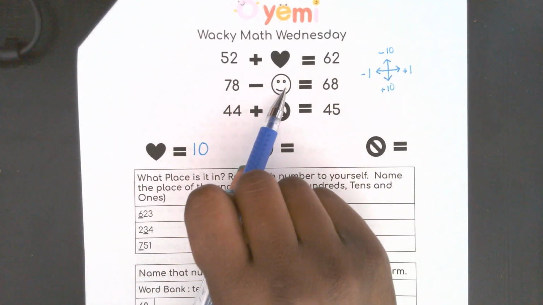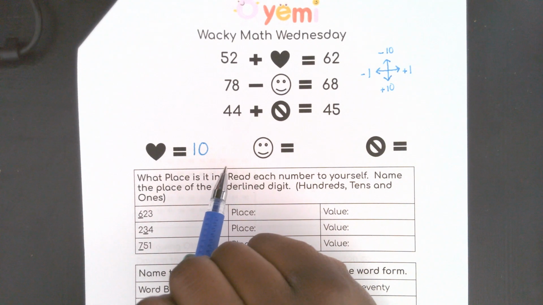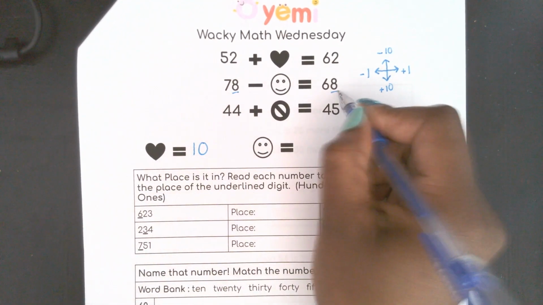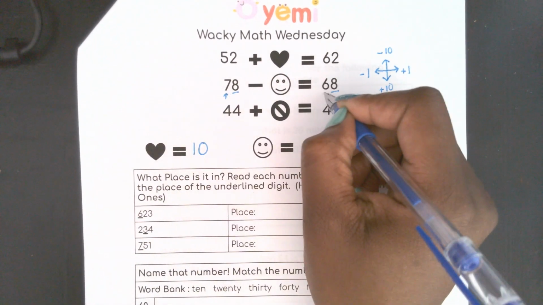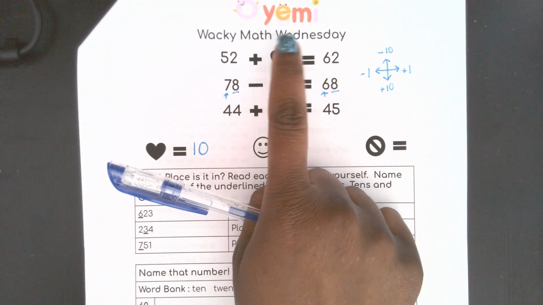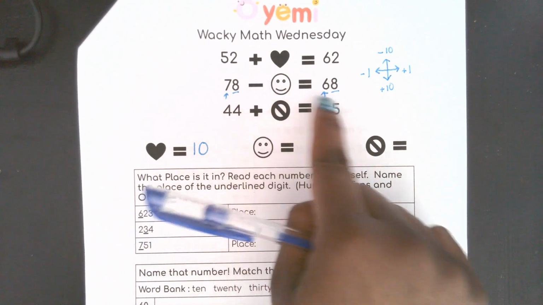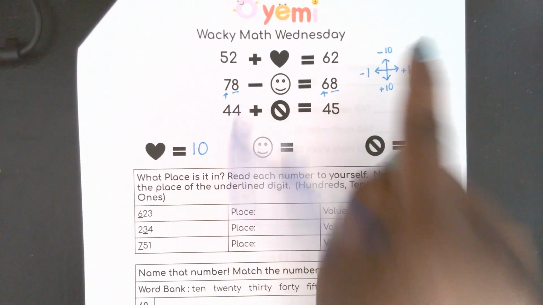Now, if I look down here at the next problem that has this smiley face, what's the same? And what is different? What place value changes? So here I added 10, and here I go from 70 to 60, so I subtracted 10.